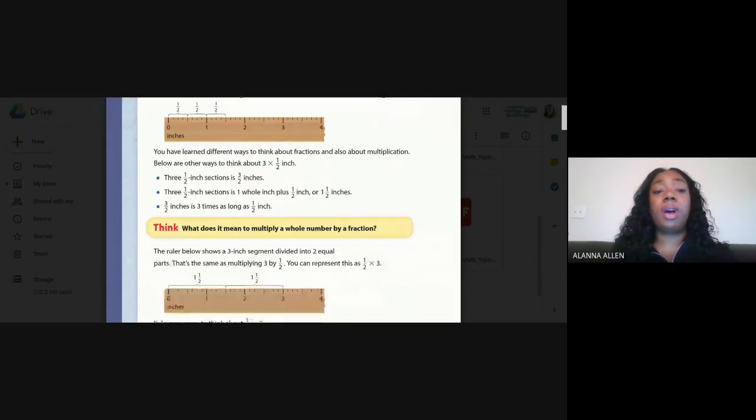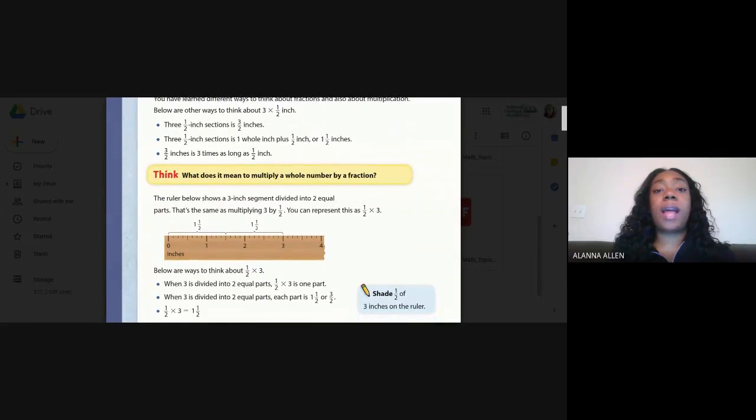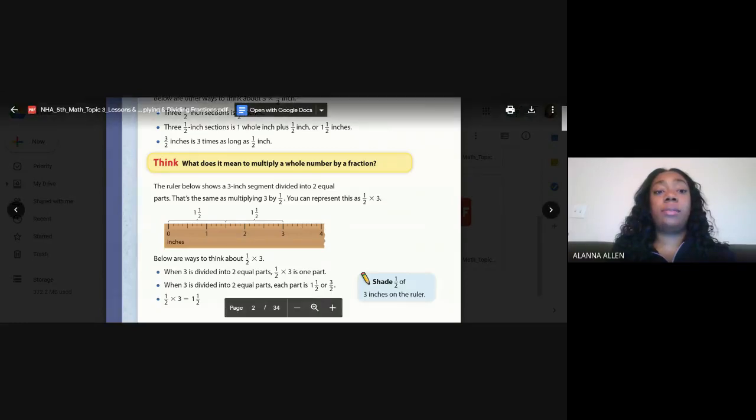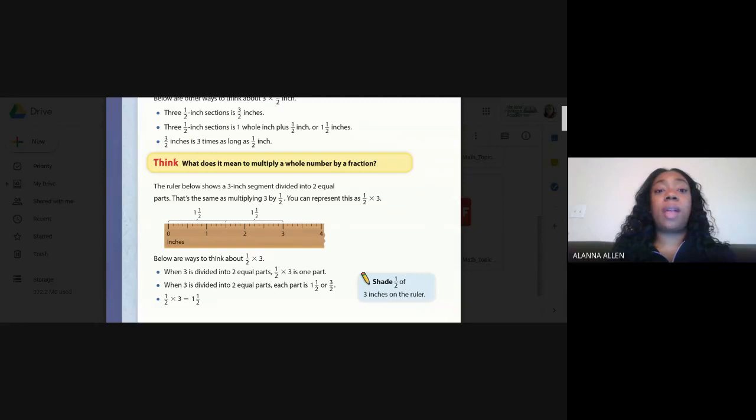Okay. So what does it mean to multiply a whole number by a fraction? The ruler below shows a 3-inch segment divided into 2 parts. So 3 inches here divided into 1, 2 parts. That's the same as multiplying 3 times 1/2. You can represent this as 1/2 times 3.